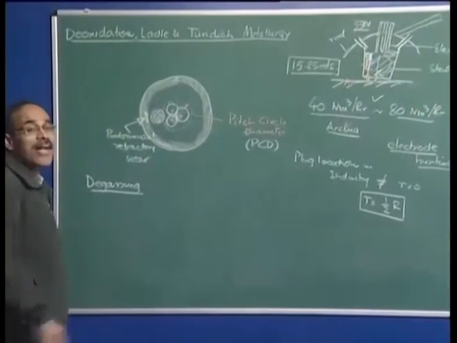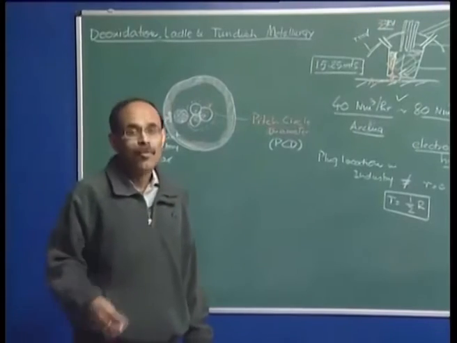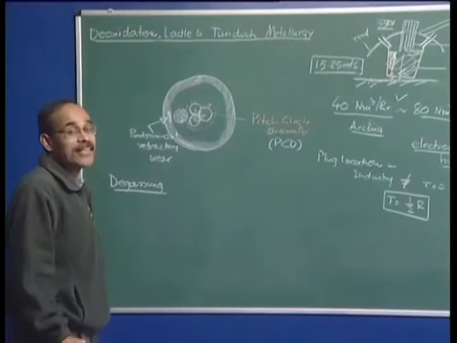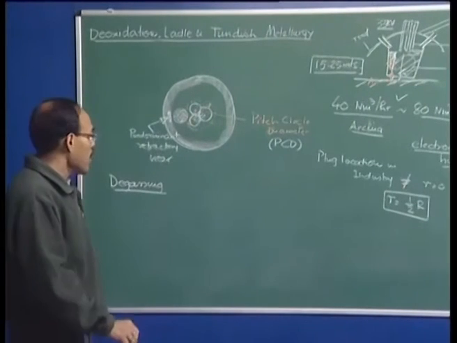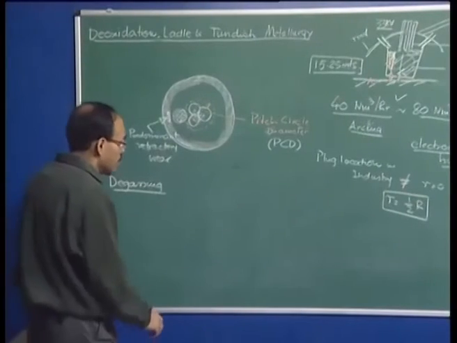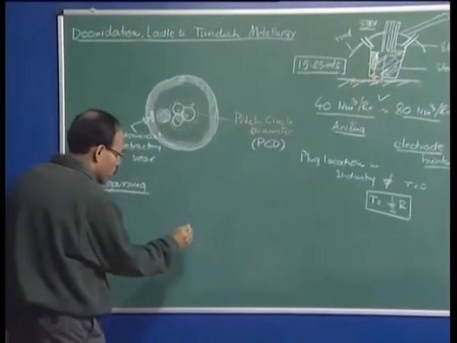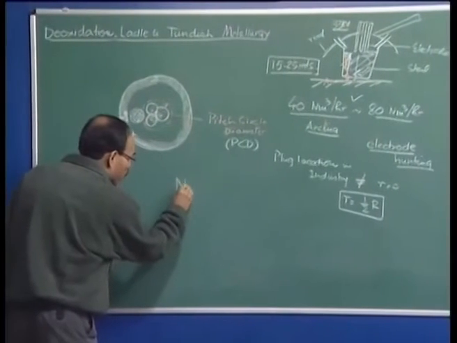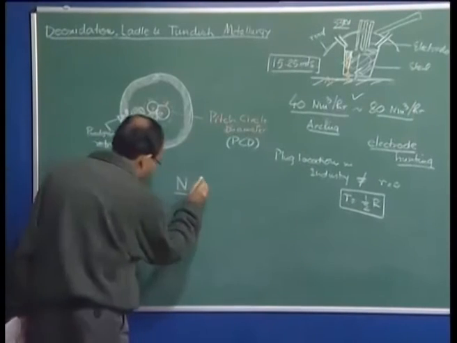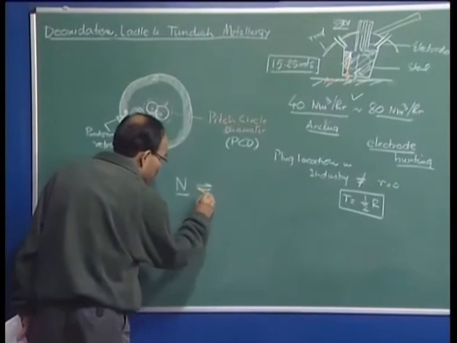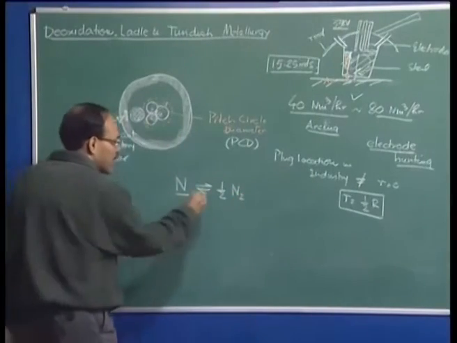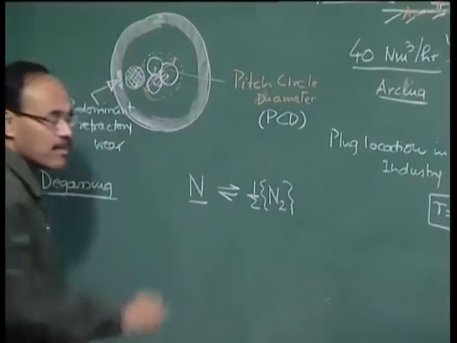And the techniques that are used are commonly called the degassing techniques, and these are basically the vacuum degassing techniques. Degassing will be facilitated under vacuum, and once I tell you the principle briefly, you will understand why vacuum facilitates degassing. For example, if you take nitrogen which is dissolved in steel, and then if we consider the equilibrium of this reaction, this nitrogen is driven out of the melt and goes into the gas phase as N2.